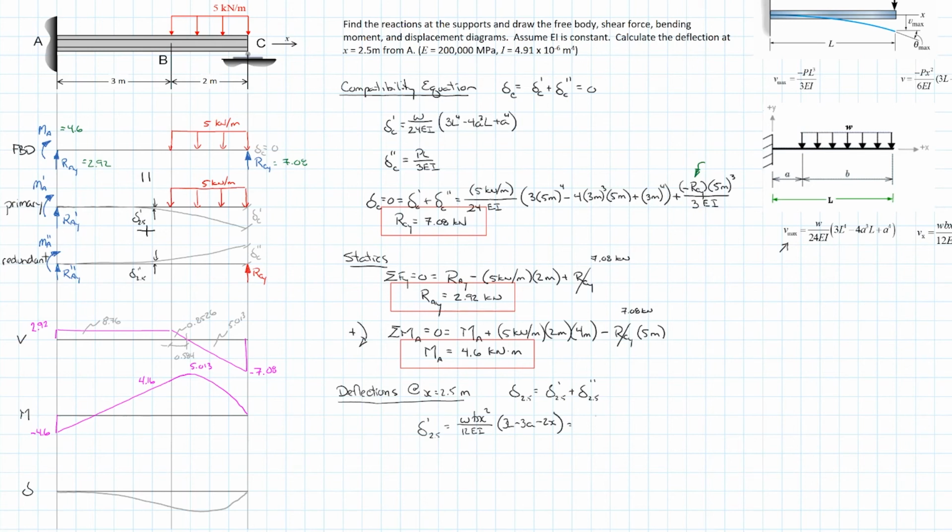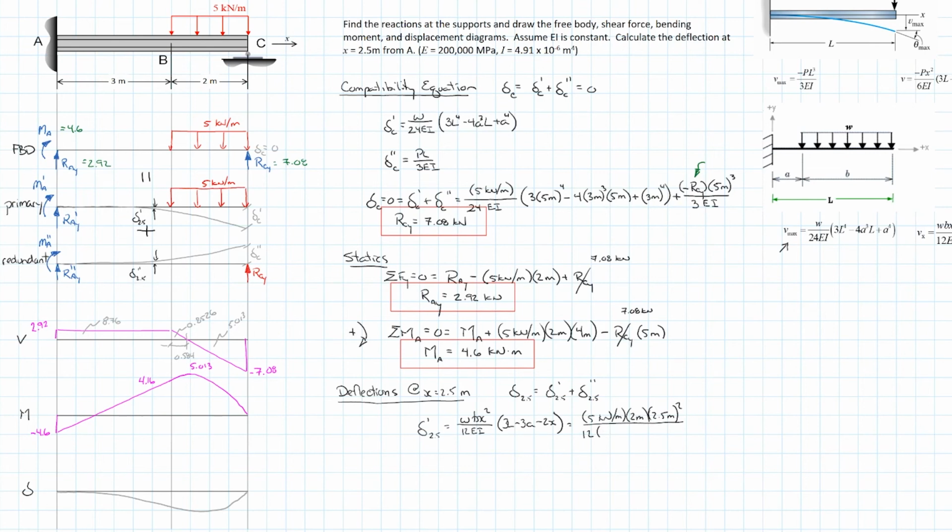And substituting in our values, then we have 5 kilonewtons per meter times 2 meters times 2.5 meters in our position x, all squared, and that's equal to 12EI.